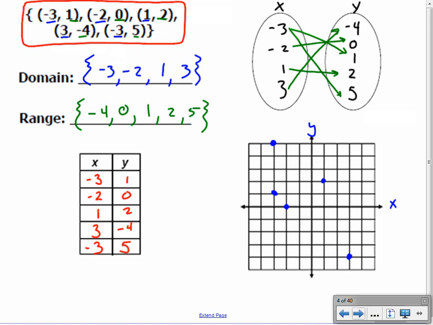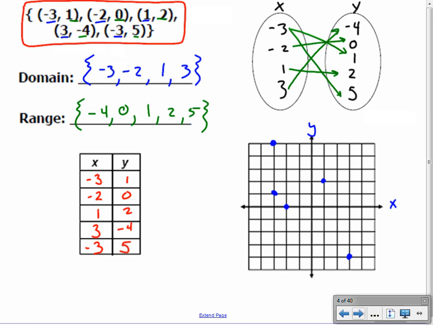And that would be our graph. So everything on this page is just a different way of organizing and representing the same relation. We can have it as a set of ordered pairs. We can represent the domain and range in the curly brackets. We've got a table, mapping diagram, and this would be an example of a discrete graph. We're not connecting the points.